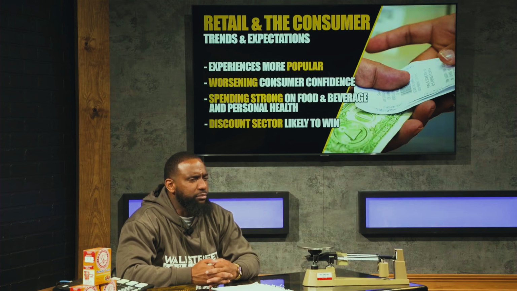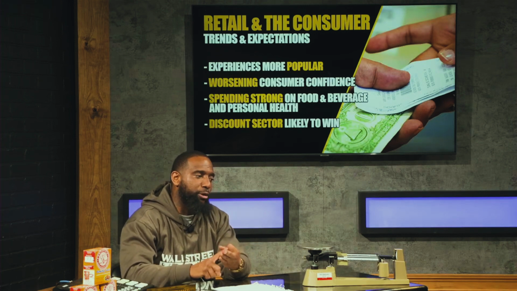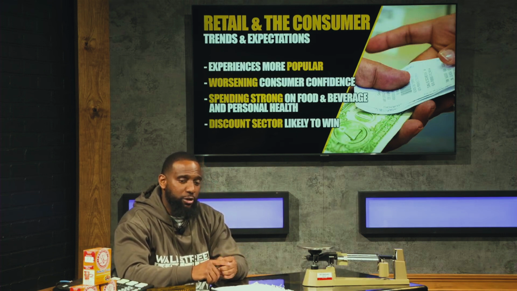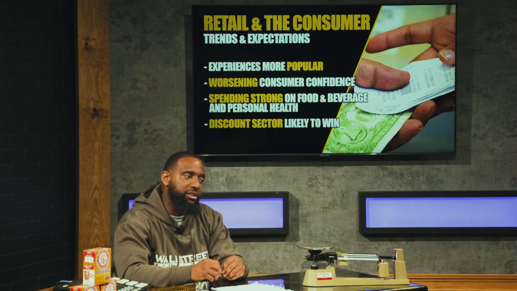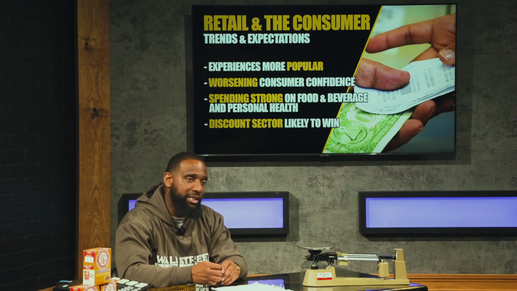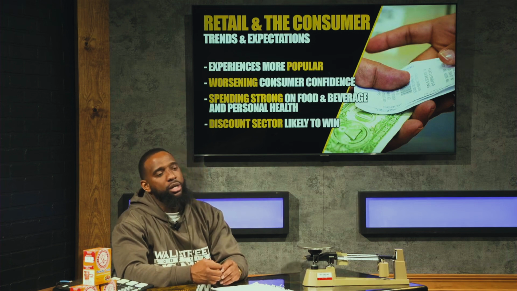We also want to pay attention to where the consumers are spending their money. So we want to see food, beverage, and personal health. But most importantly, I like to pay attention to the discount sectors. I think that's where the winners are. Your Five Belows, your Family Dollars, your Dollar Trees.